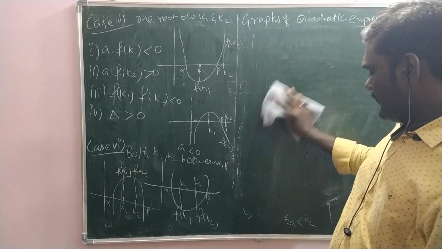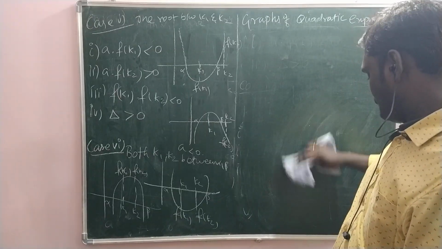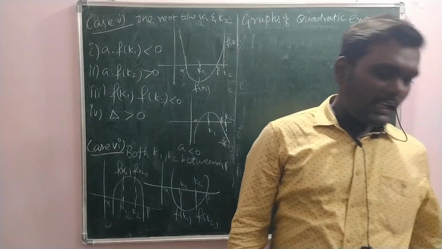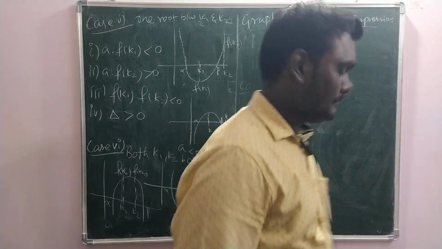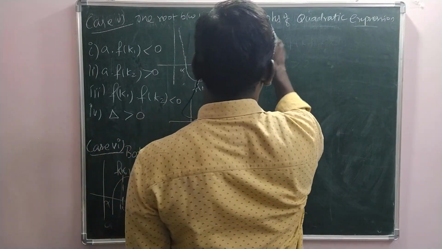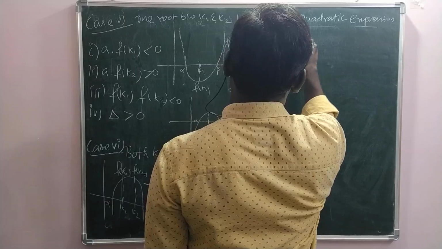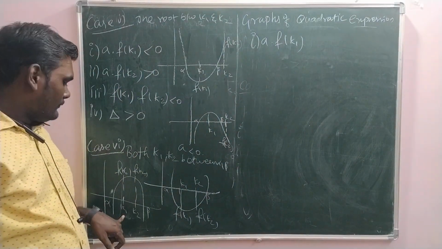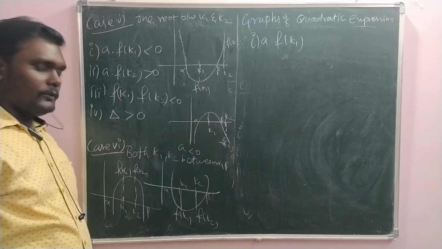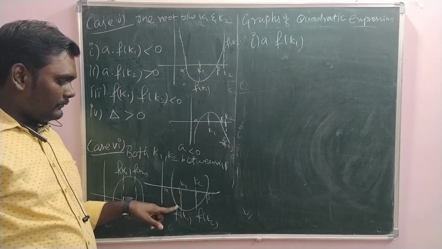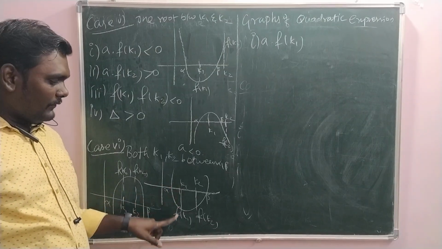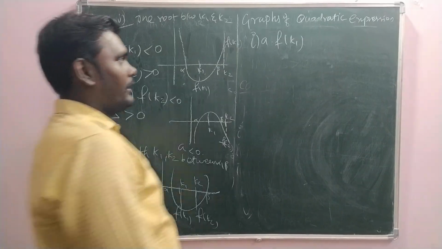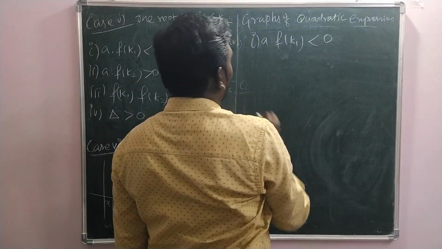Both are greater than 0, or both are less than 0. Then a into f of k1. A is less than 0, f of k1 is greater than 0. Here a is greater than 0, f of k1 is less than 0. So in both cases, this is less than 0.